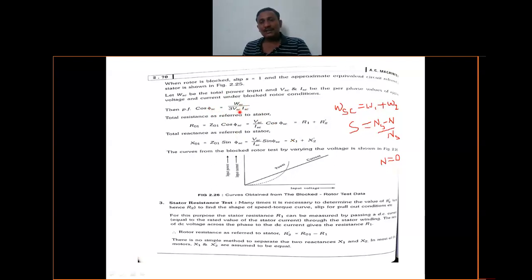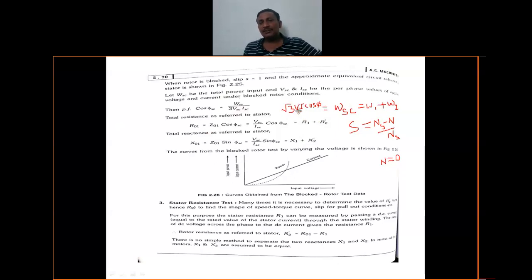W is equal to root 3 V I cos phi. That is the basic formula. So WSC can be equated to root 3 V I cos phi.